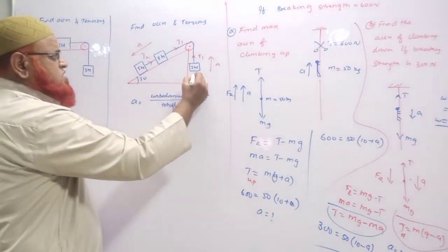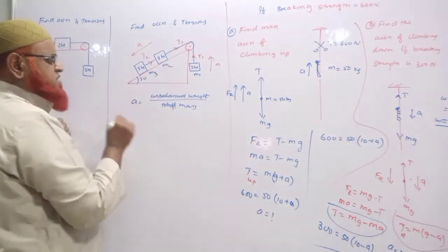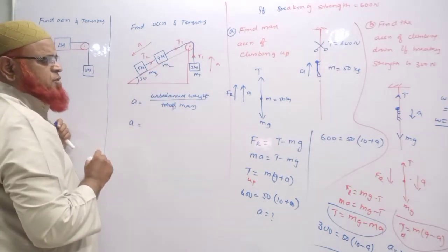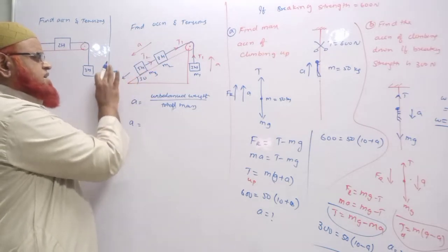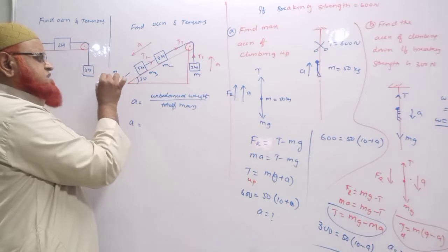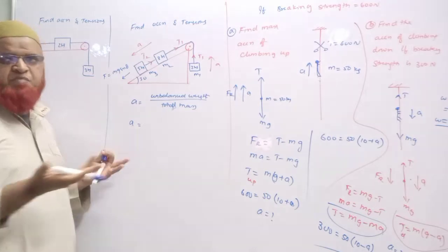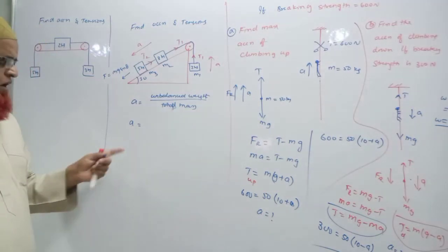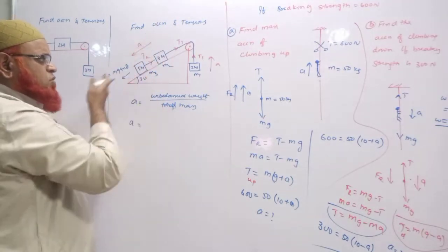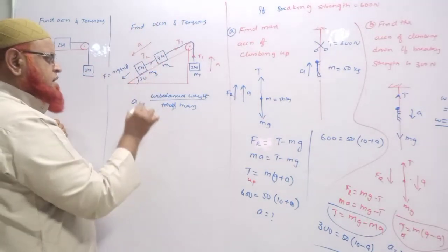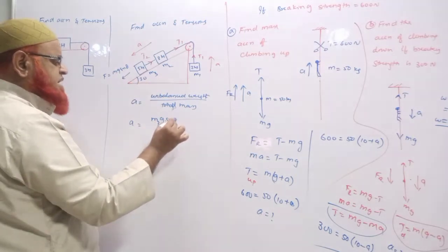For example, just imagine this to be m1, this is m2 and this is m3. What will be the general formula here? You all know that along the slope, always mg sin theta is acting. So acceleration means unbalanced weight. In this direction, what is the weight moving in this direction? m3 g sin theta.